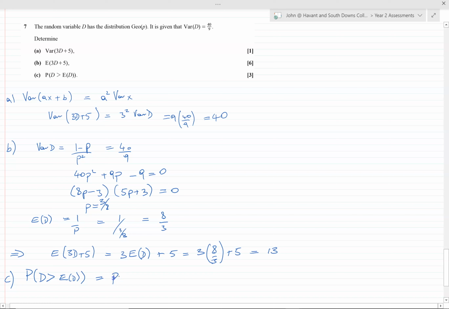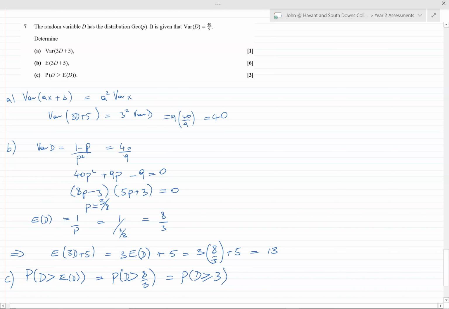So basically the main little hurdle here is that we want the probability that d is greater than 8/3. Well, the only way that can happen, given that it's discrete and getting integer values, is that d has got to be greater than or equal to 3, because that's the next highest number over 8/3.